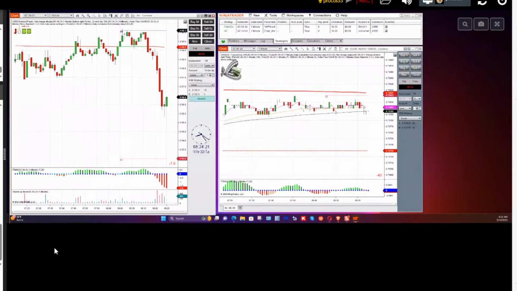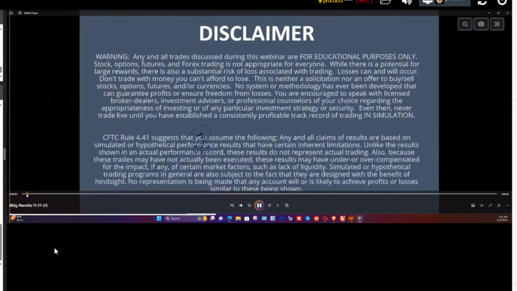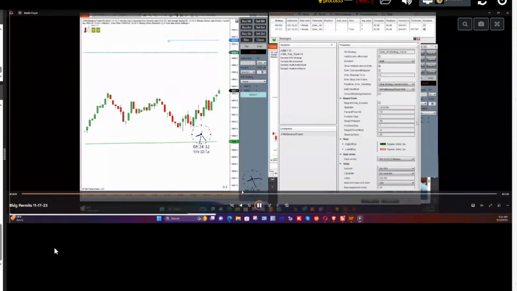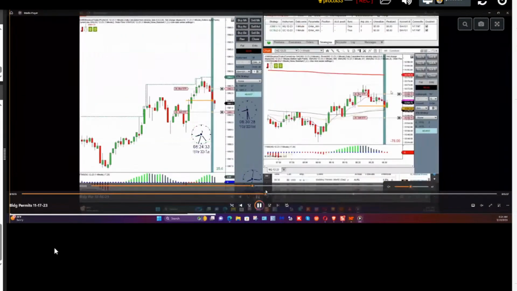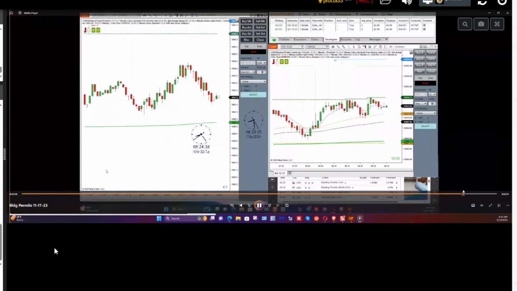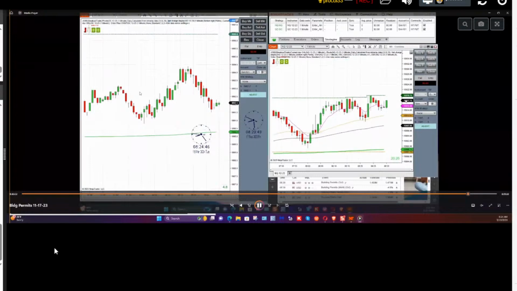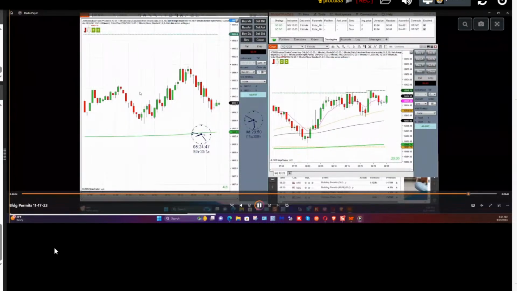And then let's look at another building permits in November. All right, here's November. Left side on gold, trading by itself.